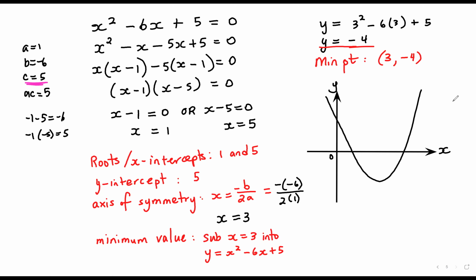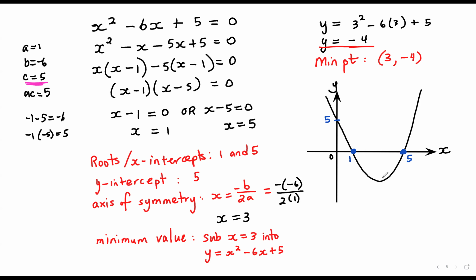So here we have this point here will be 1. That is your first root, your first x-intercept. And then the second point where it cuts the x-axis is 5. That is your other x-intercept. The y-intercept is 5, so it cuts the y-axis at 5.